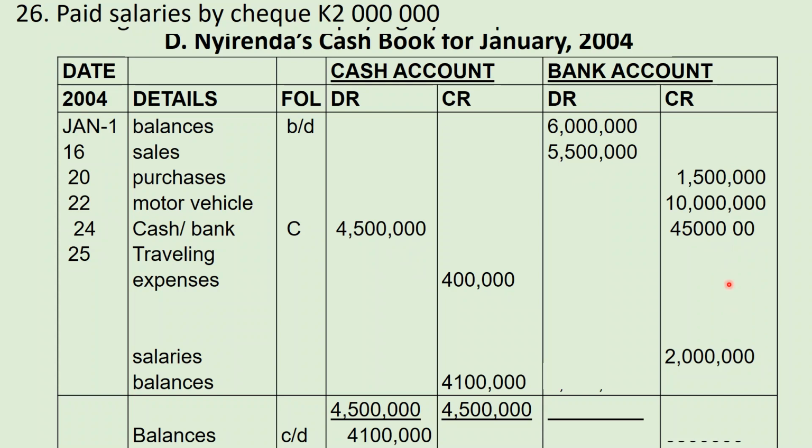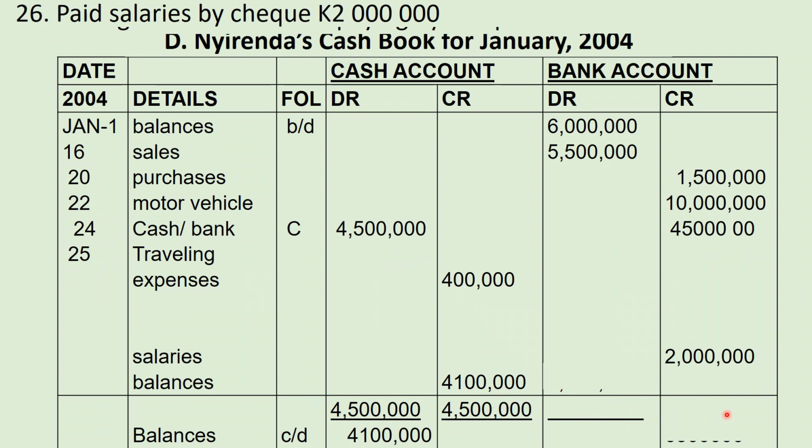If we add 1,500,000 plus 10 million plus 4,500,000 plus 2 million, we're getting 18 million this side. So this side is bigger. We have 18 million here, and here we have 11,500,000.